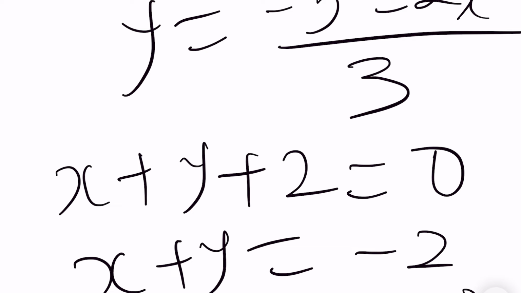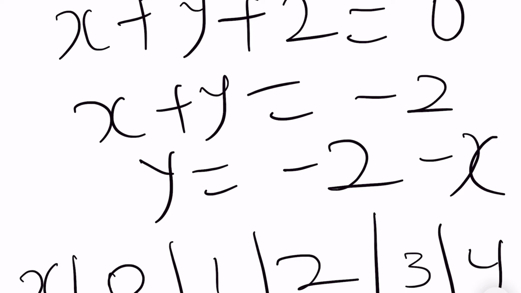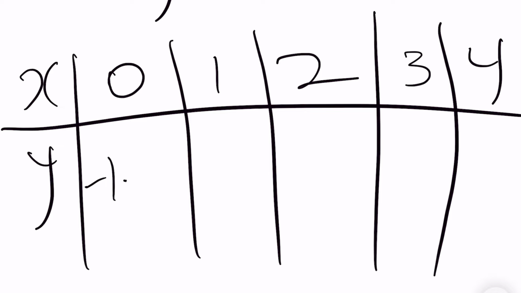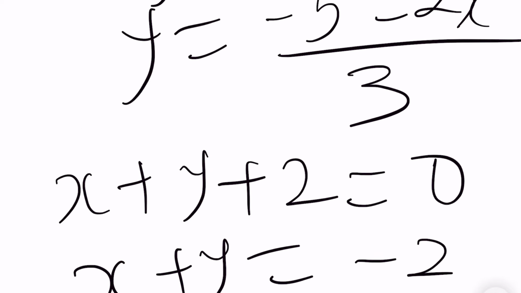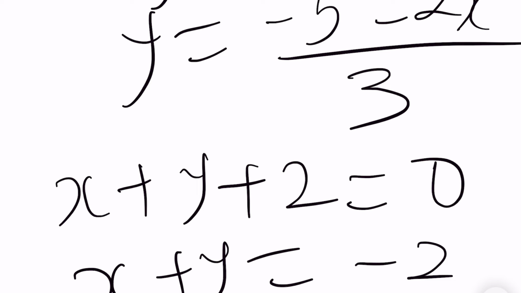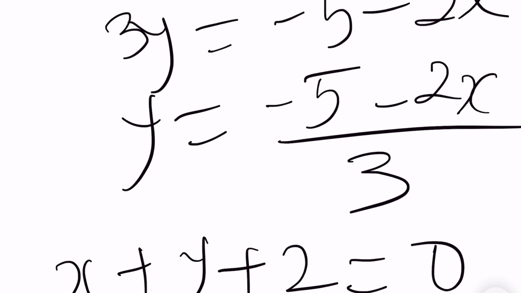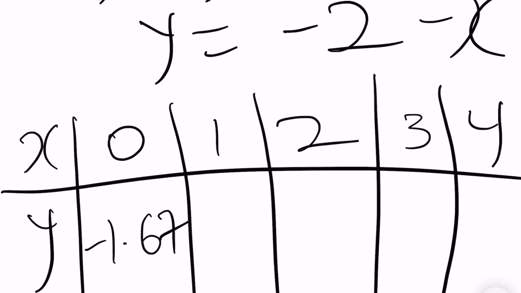So minus 5 minus 0 is minus 5. Minus 5 divided by 3 is minus 1.67. For 1, 2 times 1 is 2, so minus 5 minus 2 is minus 7. Minus 7 divided by 3 is minus 2.33.